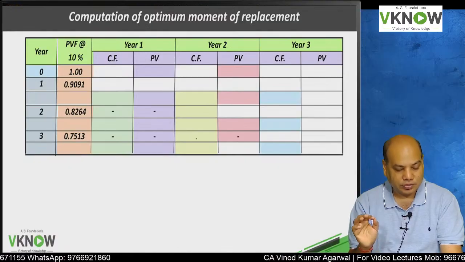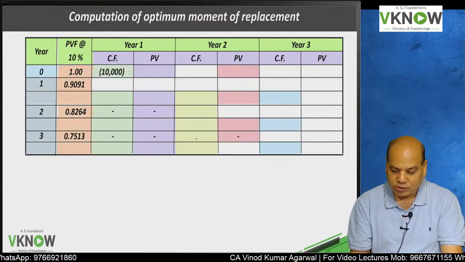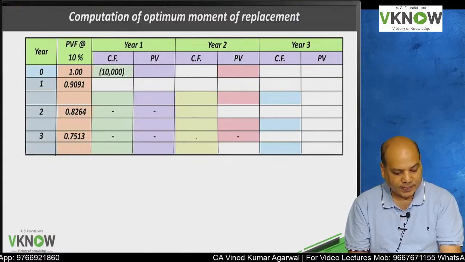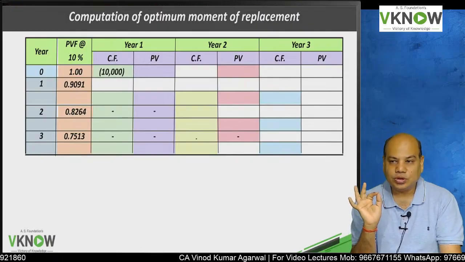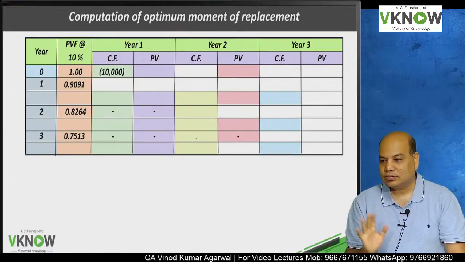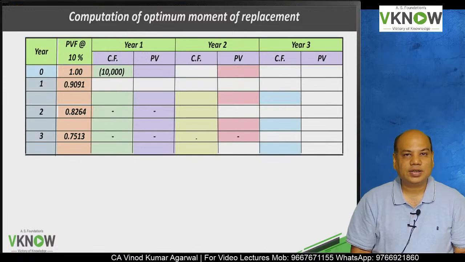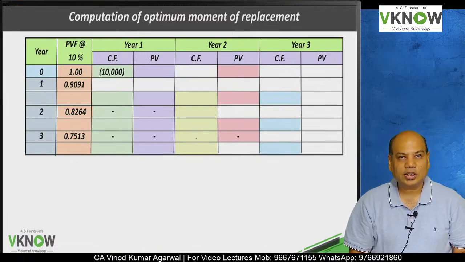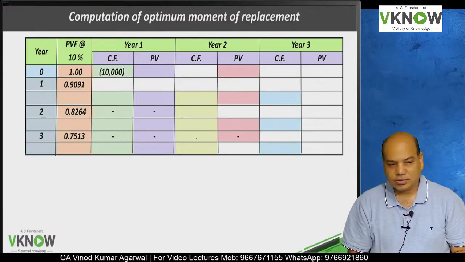PV factor is written. Now understanding is required in this question. Suppose you purchase a moped, it will cost you 10,000 and you are going to use it only for 1 year and then you are going to sell it. So quickly reply, if you are going to use it only for 1 year and then sell it, and you are not likely to retain it for the next year, would you incur repair cost?